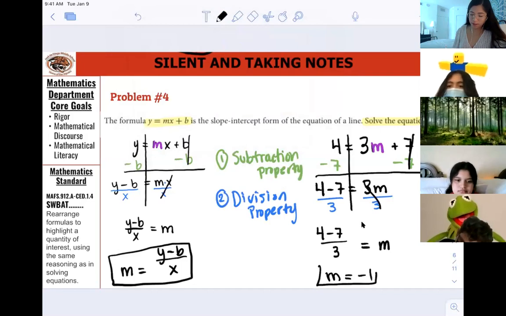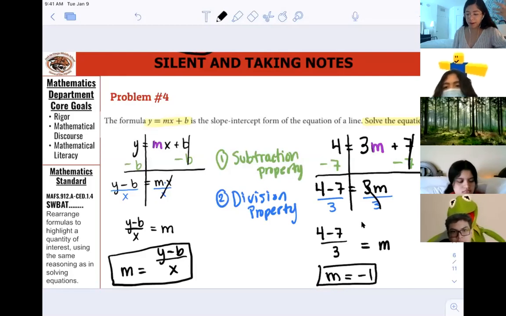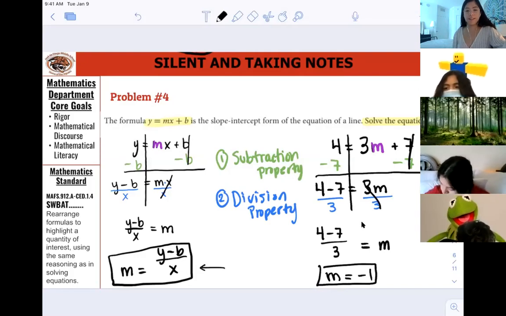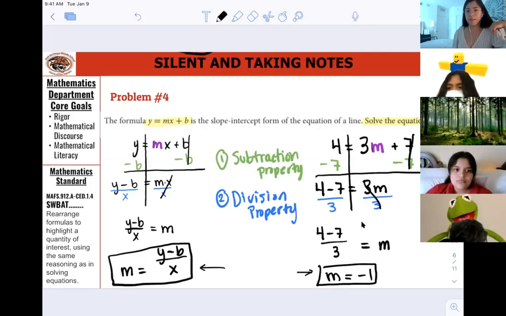The only difference between these two problems is that I can get a final answer on the right side. But I followed the same steps. I got m by itself, and I got an answer for both of them. It's just that with my literal equation, my answer looks like a bunch of letters. And with my normal equation, my answer looks like a number, a final answer. Does that kind of clarify things a little bit?